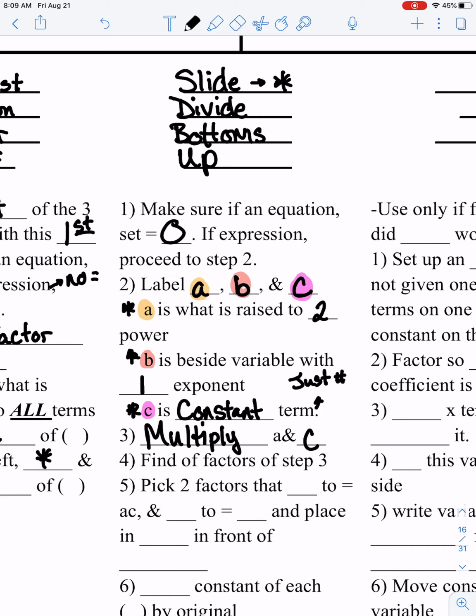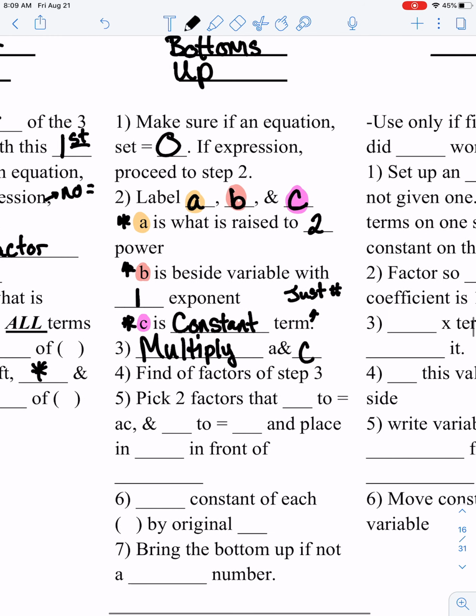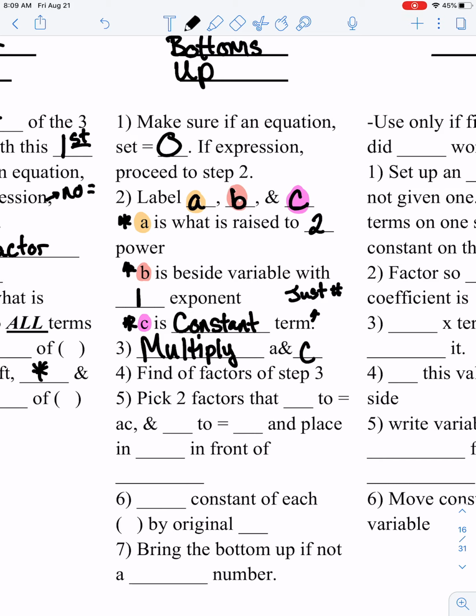You're going to then find the factors of step 3, or A times C. And you're going to pick 2 factors that multiply to equal A times C, and then add to equal your B term. Okay?